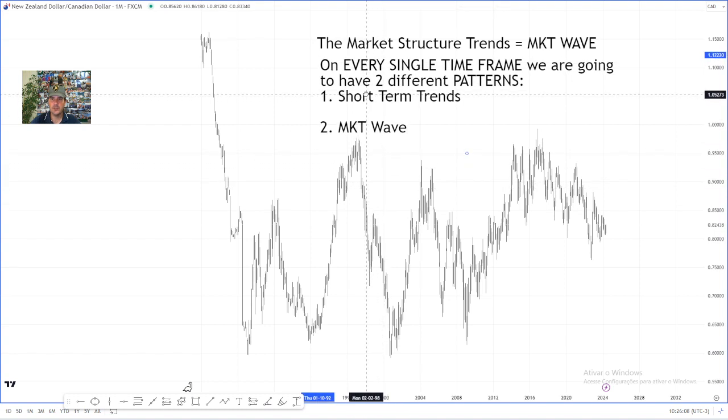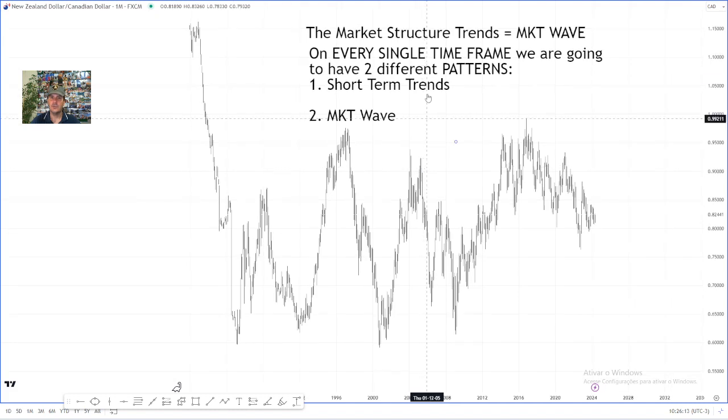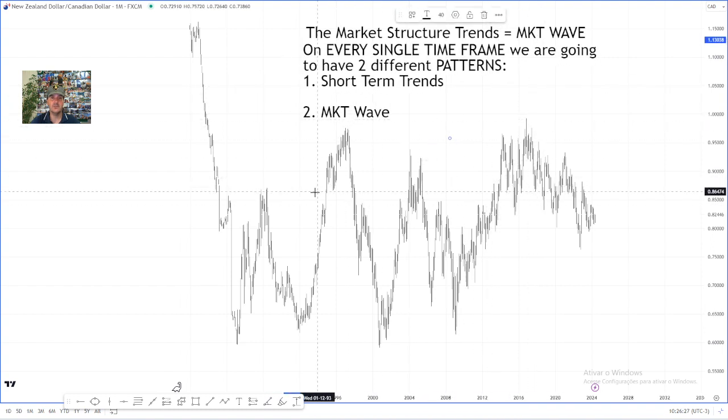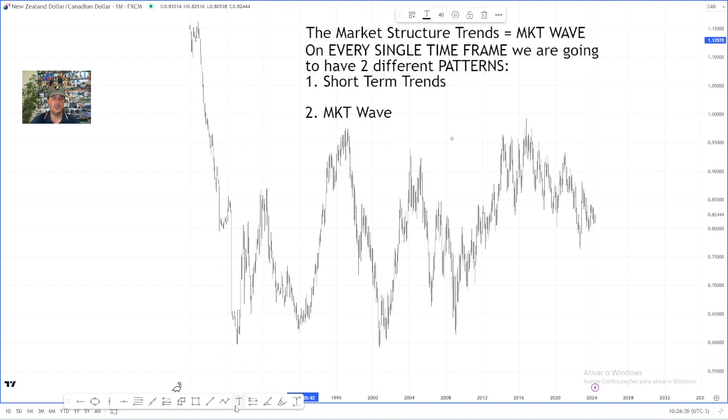So the market structure trends is what we call the market wave, not to be confused with the monthly bands. And on every single time frame we are going to have 2 different patterns, the short-term trends and the market wave.